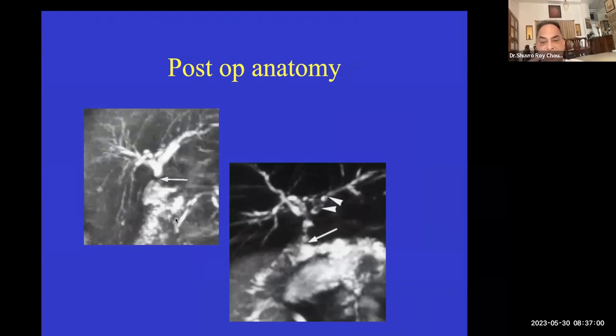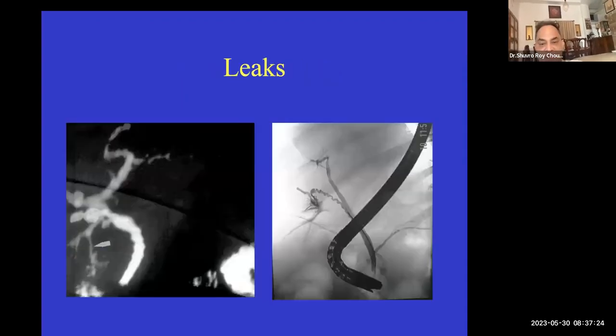So this is a hepatico-jejunostomy, and this is more likely to be a choledocho-jejunostomy, where a bile duct with an irregular stricture is joined to this, whereas this is the bile duct confluence which has been joined with a Roux loop of jejunum. So they're prone to get strictures. We do a lot of dilatation of these strictures, and of course bile duct leaks.